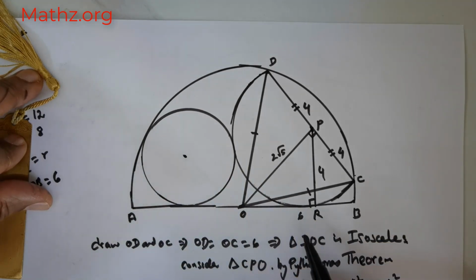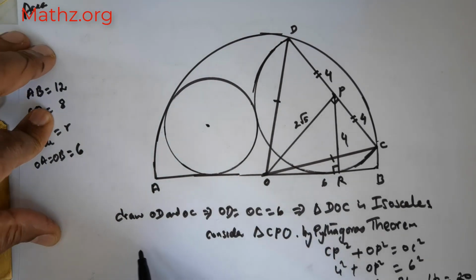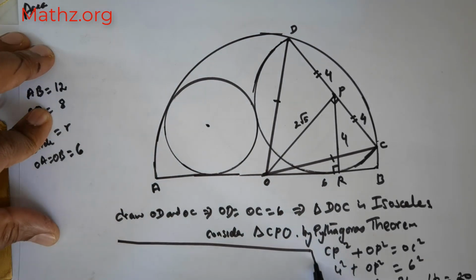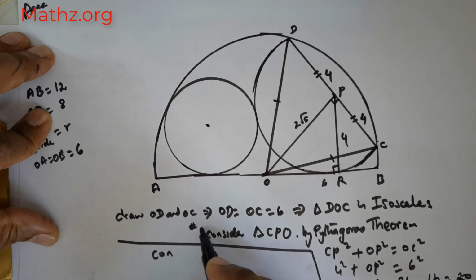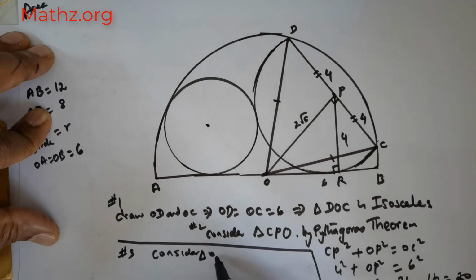Now you may be wondering, why am I looking for R? Now there is a reason for that. So let me work it out here. Okay, this is step 2, step 1, step 3. So consider triangle ORP.